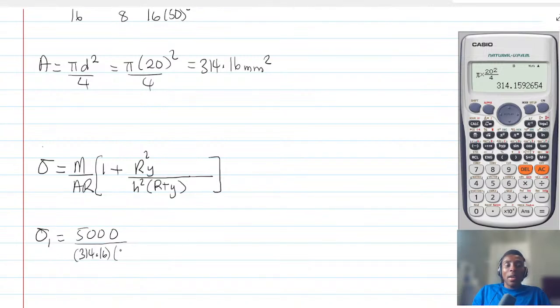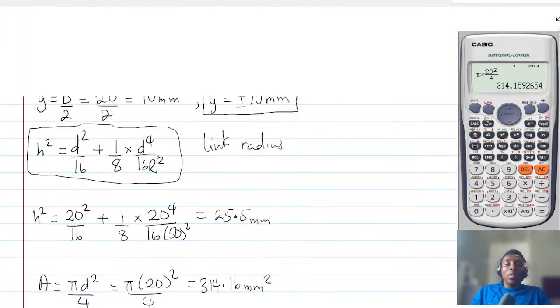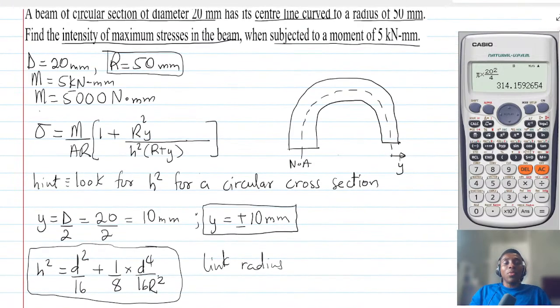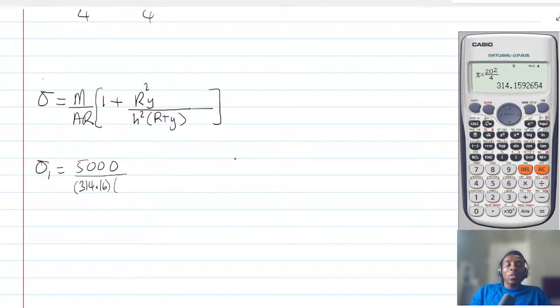R is 50. It's going to be 1 plus 50 squared, and then the y is, for sigma 1, negative.